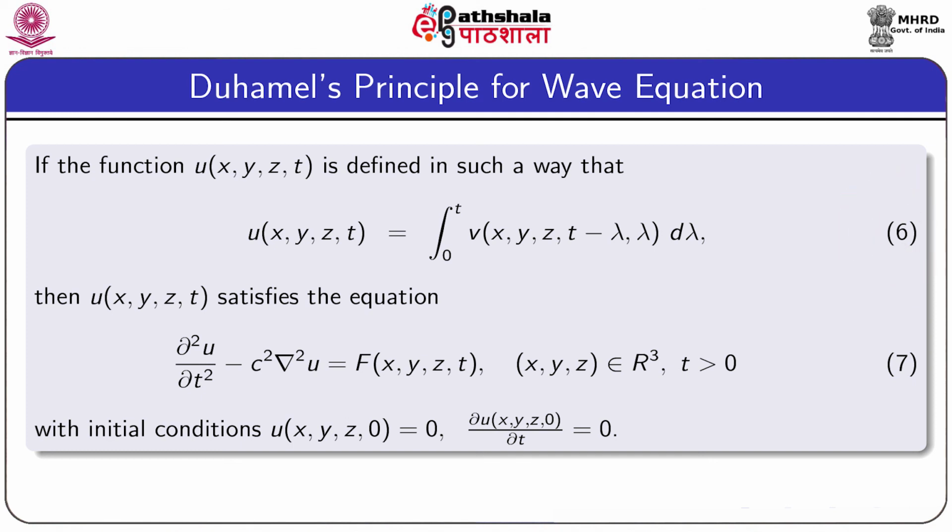In this way, we can find the solution of the inhomogeneous wave equation, that means u, in terms of the solution of the homogeneous equation, that means v, which is written in equation number 6.